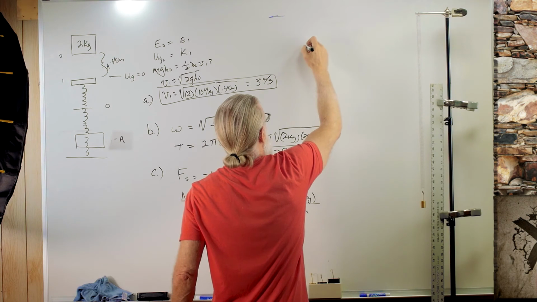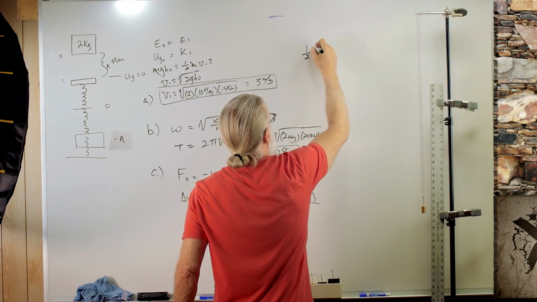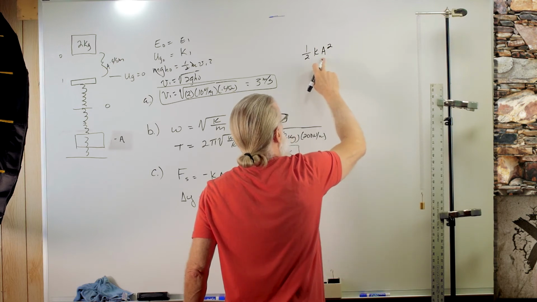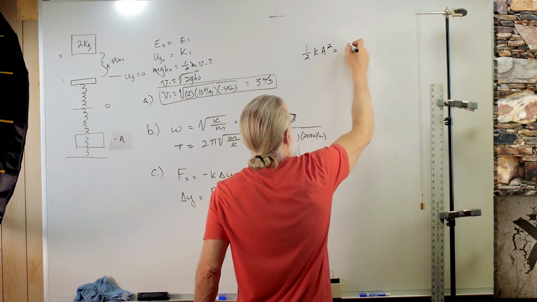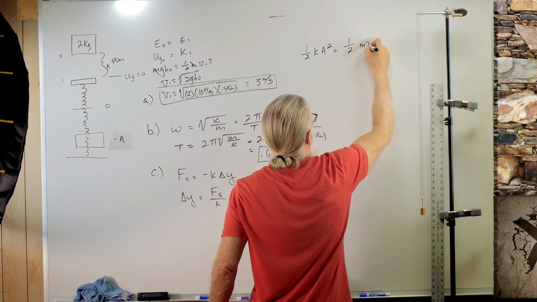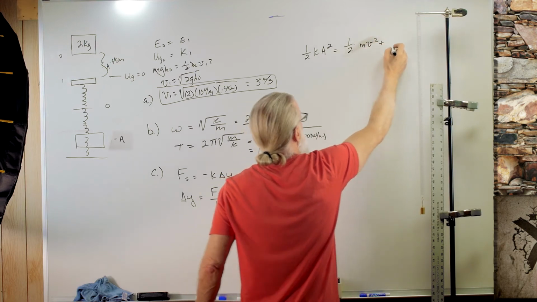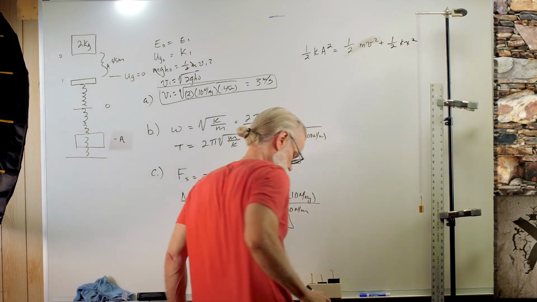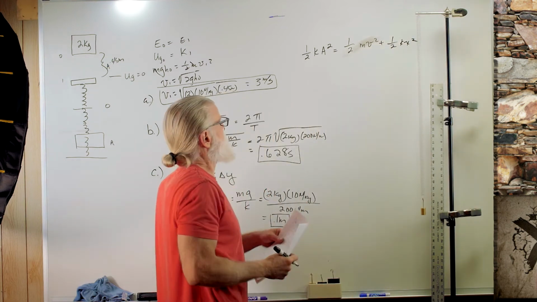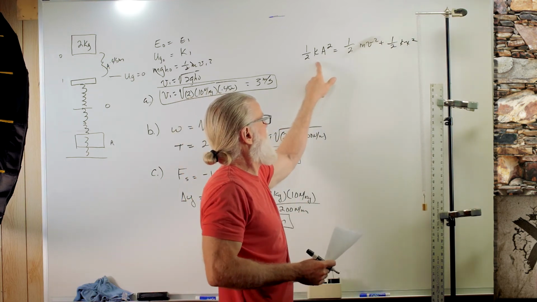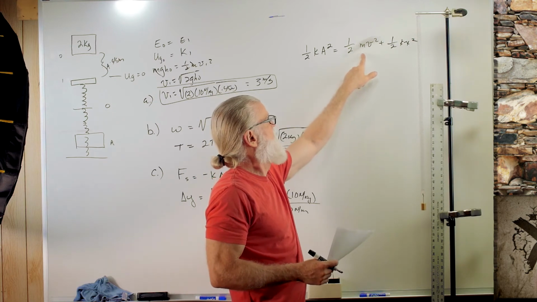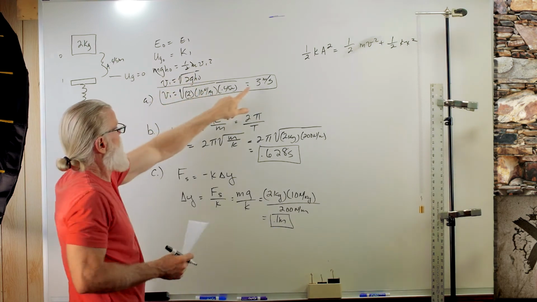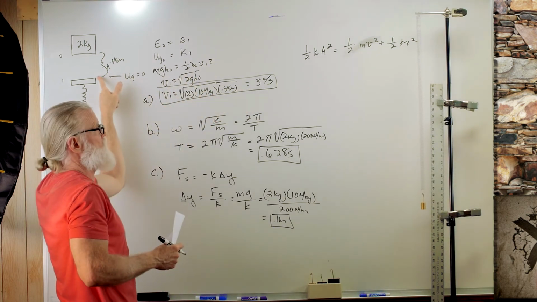So I'm going to say that 1/2 kA squared, all right, I want to know A, equals 1/2 mv squared plus 1/2 kx squared. All right, well, we want to know that. We know k, we know the mass, and we know, because we already figured it out, the speed at this point, right?